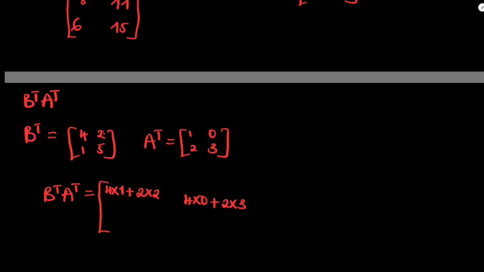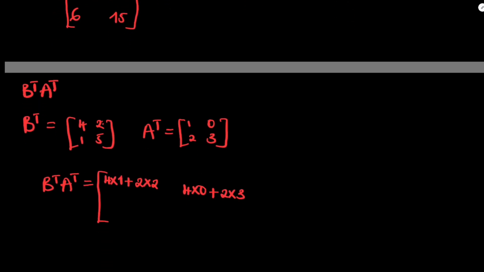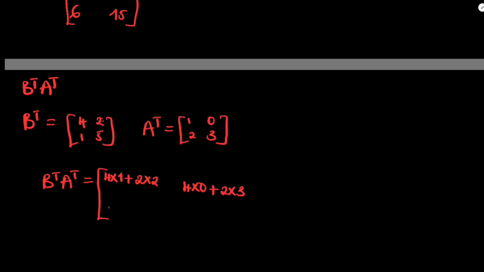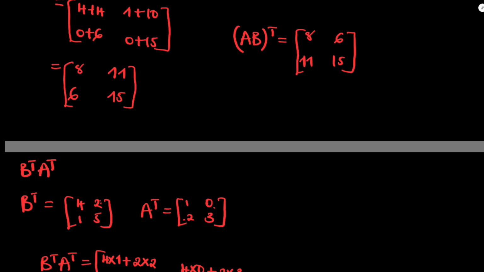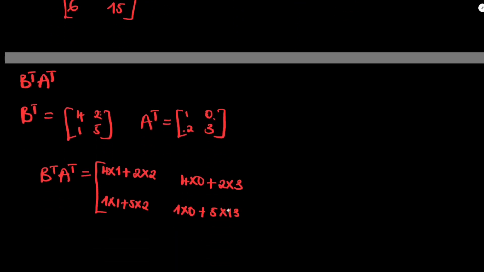Here we have 1 times 1 plus 5 times 2. Here we have 1 times 0 plus 5 times 3.